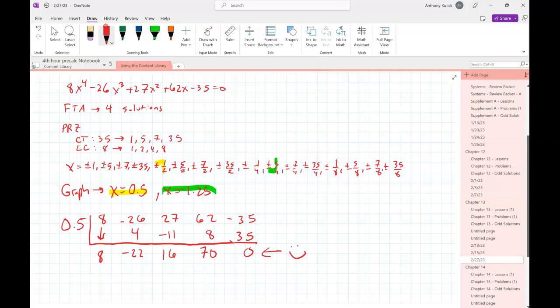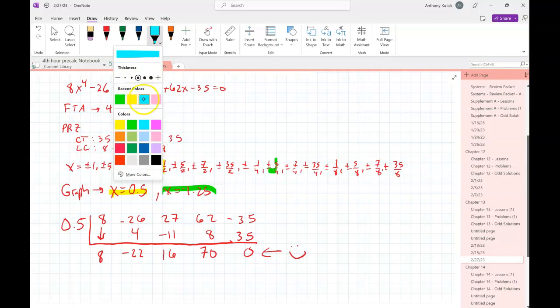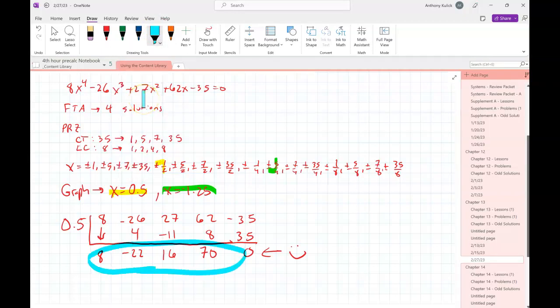All right. Looks like it worked. But what's the catch here? What degree polynomial is this going to be? That's a degree 3, right? Because I had a degree 4. I just divided it, so I should get a degree 3 back.